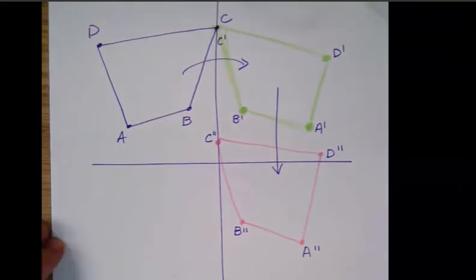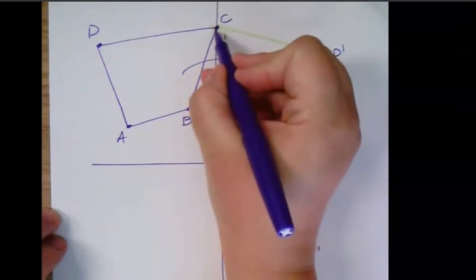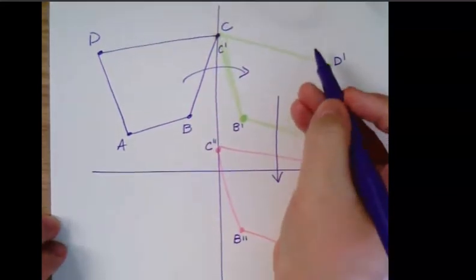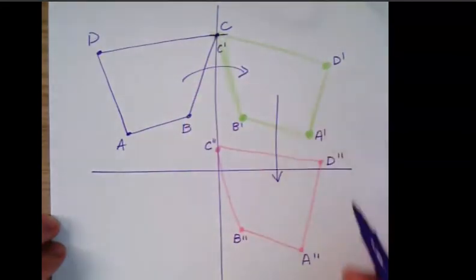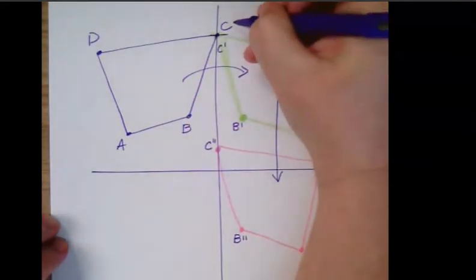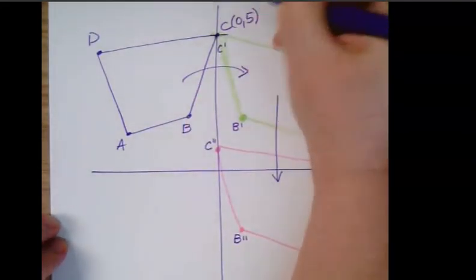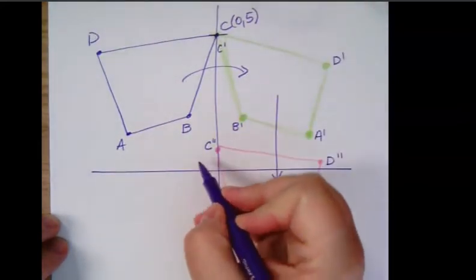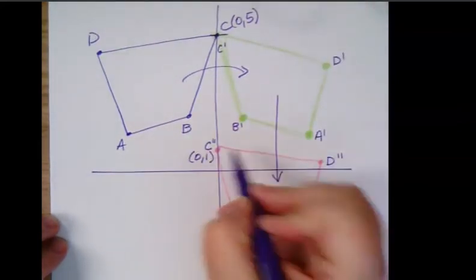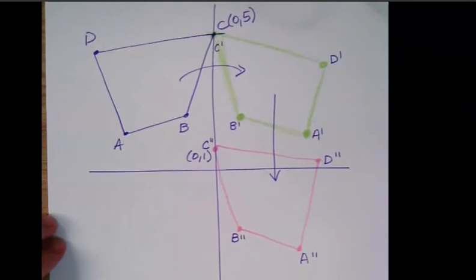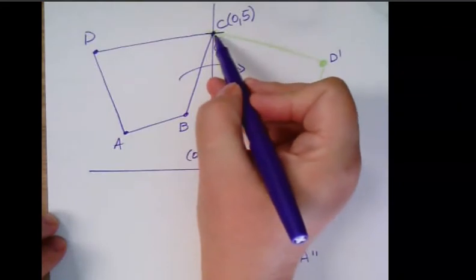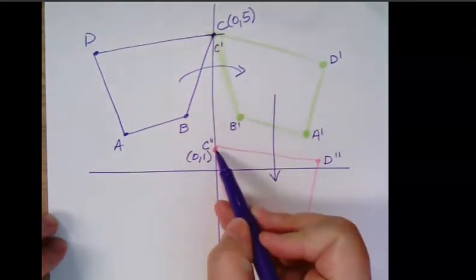I'm going to cheat a little bit on that example because it doesn't look exactly like it goes to any good points. So let's just say, for argument's sake, that this point was up at 0, 5, and that now C is down here at 0, 1. Just to make it easier to describe, those are the 2 points for C, which also becomes C prime, and C double prime.